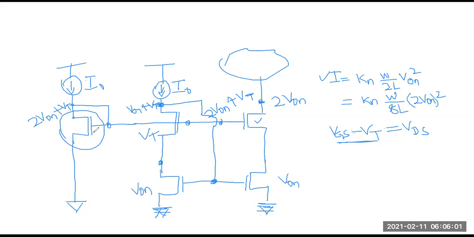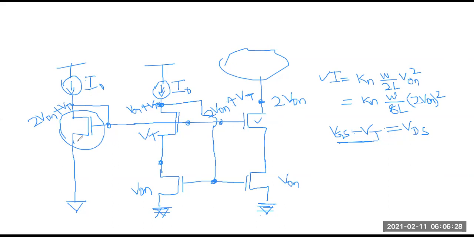So equivalent length will be 4 times. If you do this, you can get 2Vn plus Vt. So the headroom will be 2Vn. Here also 1 Vt less. So this topology you can use in advanced technology.